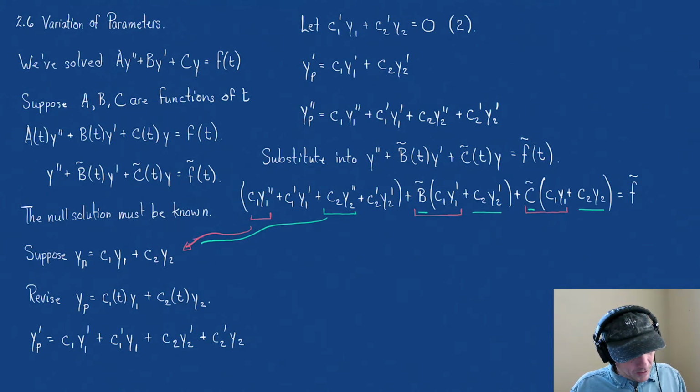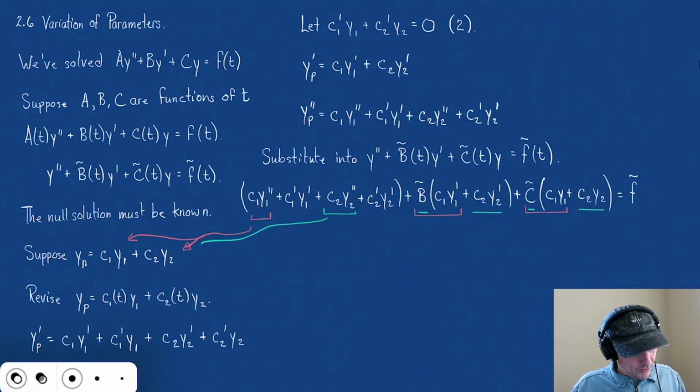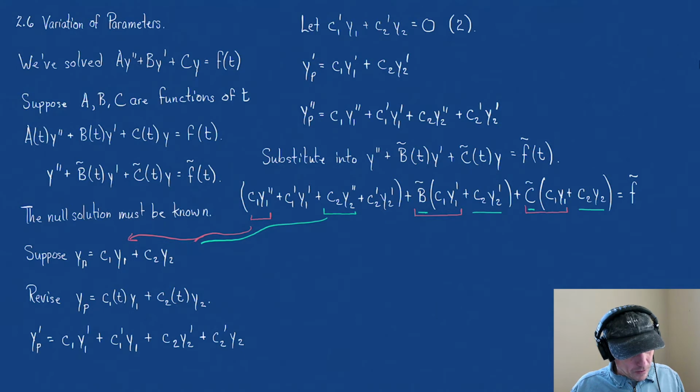Actually, let me write it this way. The red one is solved by that first term. And the second one here is solved by the second term of the null equation. So those are just zeros.